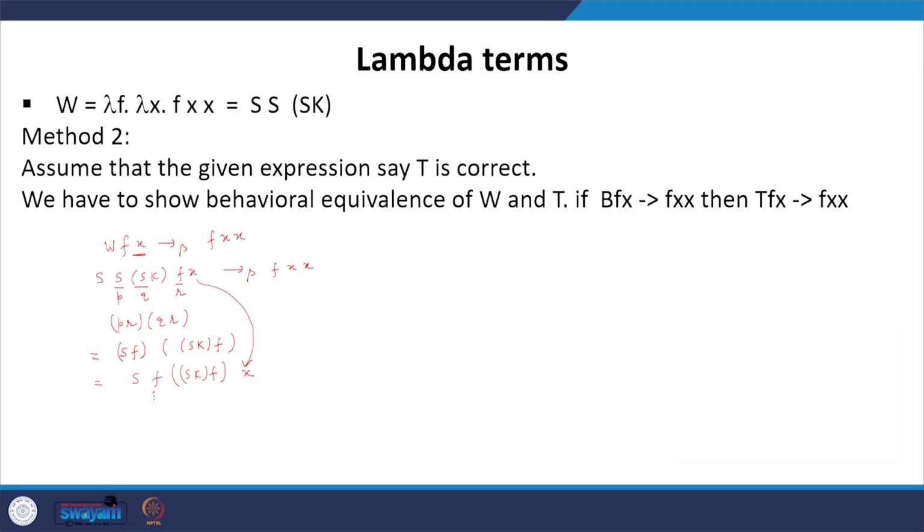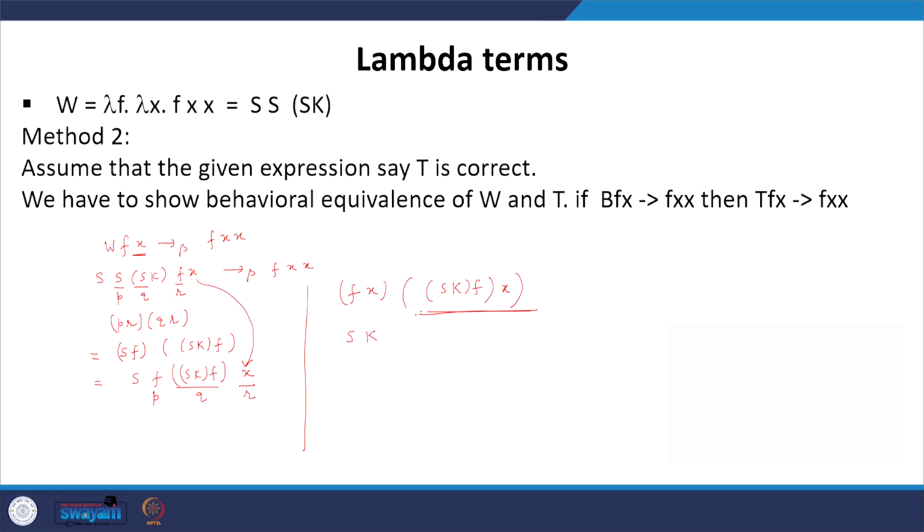Now, this will be P, this will be Q, this will be R. So, I do it here. It will be f of x and the other term will be SK of f, SK of f of QR. So, this part we have to evaluate, SK of fx. It is SK basically.